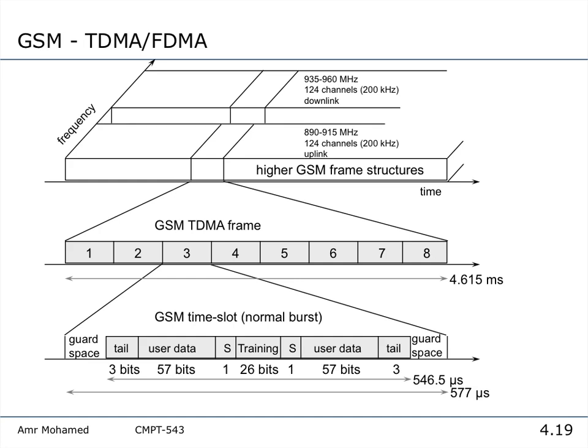Because there are some mobile stations that may be connected to a base station but not doing anything. I'm not doing any call, I'm not sending any data, so it's fine. I'm still connected to a base station and still authenticated, but I'm not doing anything. But I can have up to 80 mobile stations active at any point of time. What if I have more than that?